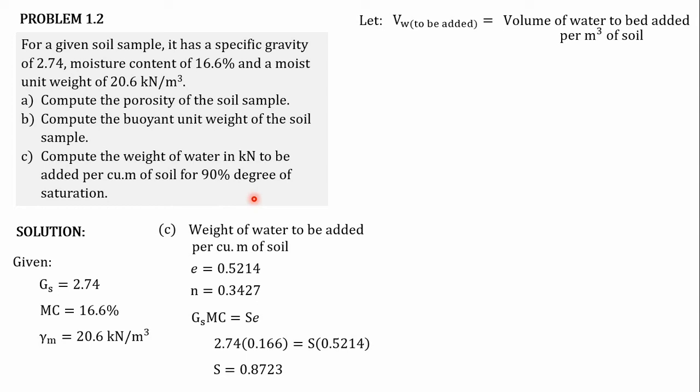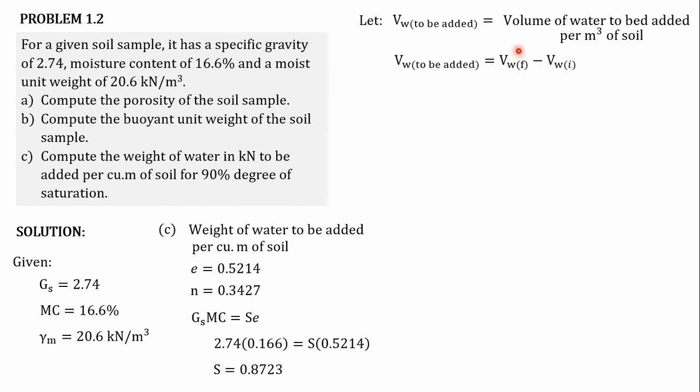Okay? So, let VW to be added is equal to volume of water to be added per cubic meter of soil. Okay? And then, we know that volume of water to be added is equal to volume of water final minus volume of water initial. Okay?